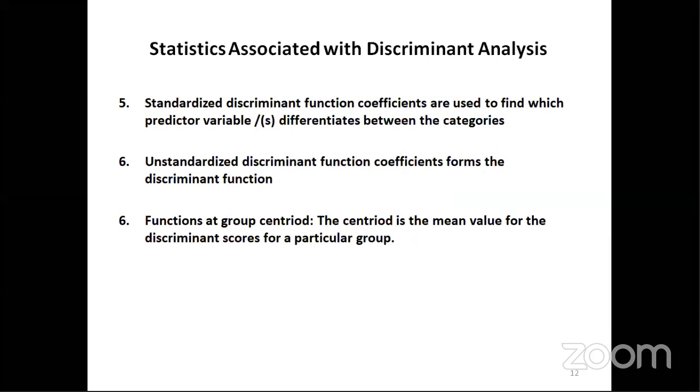Here also you estimate the standardized discriminant function coefficient, and its role is the same as in multiple regression analysis. On the basis of the standardized discriminant function coefficient, we can see the role of the independent variable in making the differences between or among the groups, right?